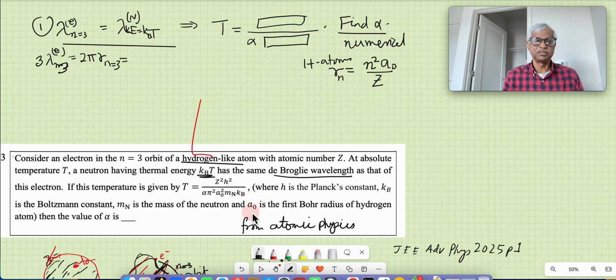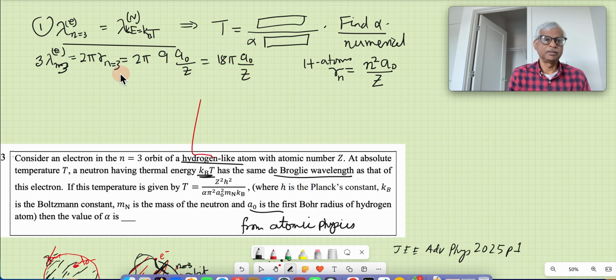So this is going to be 2 pi, n square is 9, a0 over Z. So this is 18 pi a0 over Z. And then you put lambda 3 for the electron.